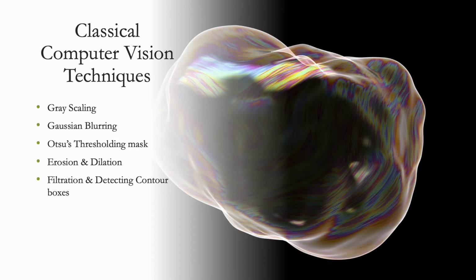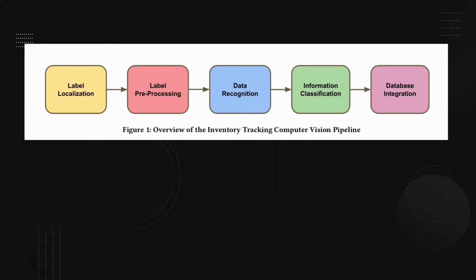It's a noise reduction technique that involves layers of contours, and they can reconstruct them. And finally, filtration and detecting contour boxes. It considers large or extreme contours for the use case, and then it generates a bounding rectangle on those contours. This is a final overview of the pipeline tracking.